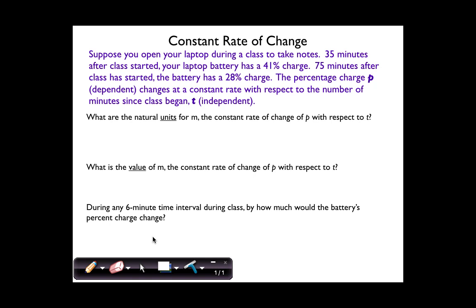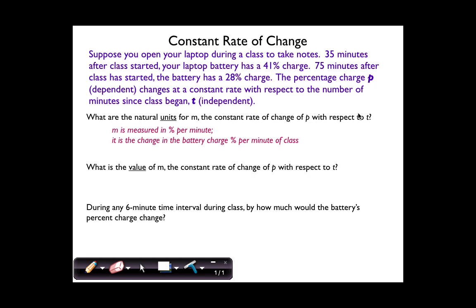We could change it to percent per month or something if we wanted to, but the key part is that if it's change in P with respect to T, that's P units as the primary, the top part of the rate, and with respect to T, that's the per time unit, in this case per minute.